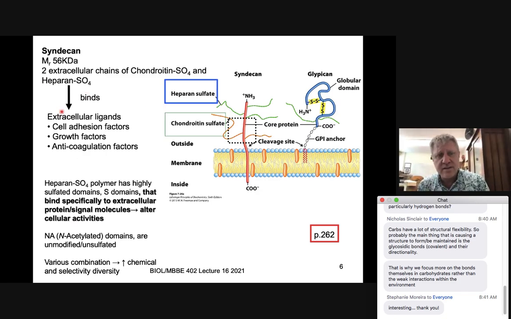Now, these extensional components provide us attachments. So again, these particular things become very sticky. They can adhere cellular factors, growth factors, and importantly, anticoagulant factors. So this becomes a very important component to capture molecules that might be floating in the extracellular system and need to be attached to a cell.